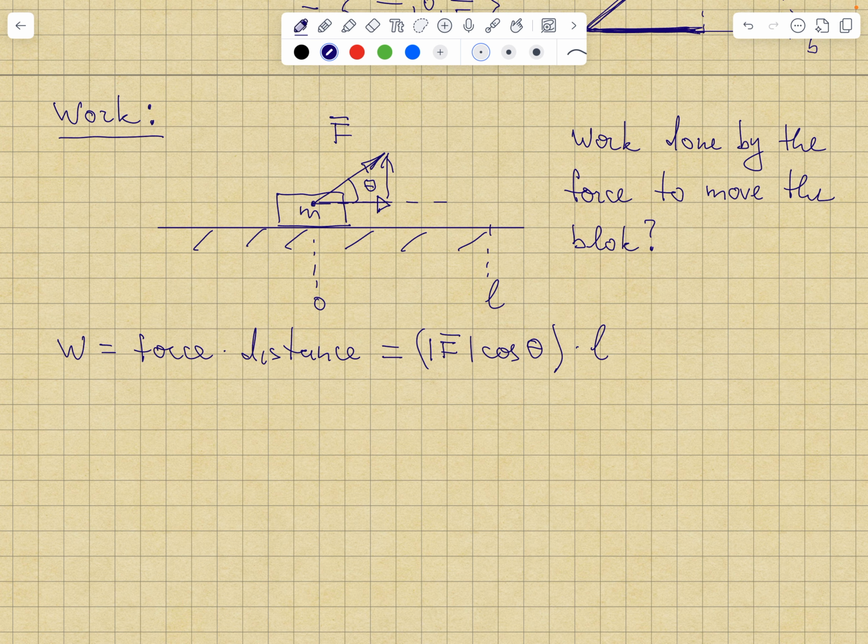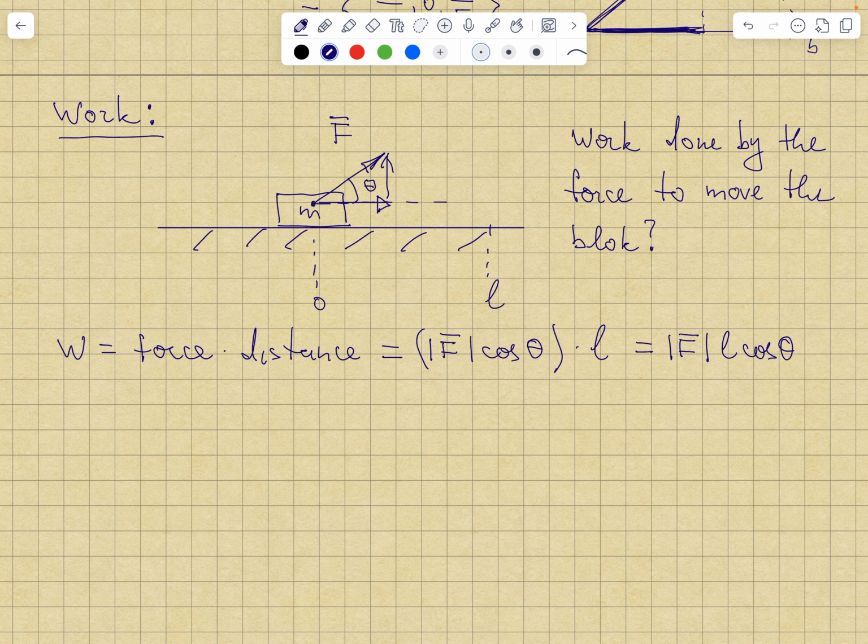So this is the formula, which I can actually rewrite in the following way as magnitude of the force times L times cosine of theta. And now if you think about it, this looks suspiciously like a dot product, right? Because you have two positive numbers times cosine of the angle.